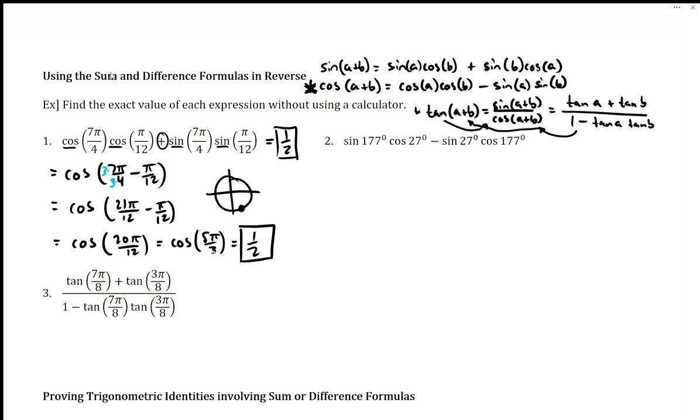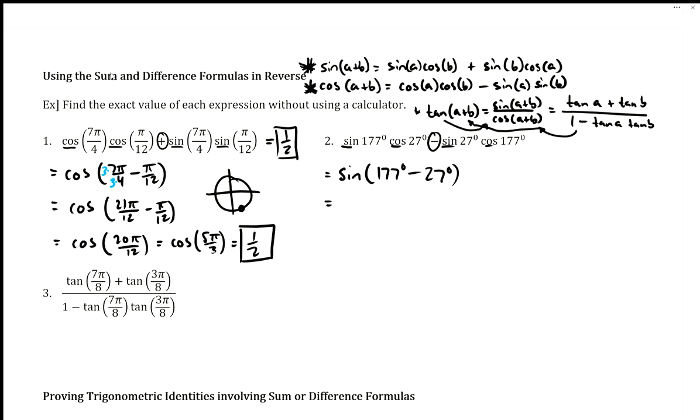Number 2, again, I'm just looking and seeing what we've got. We've got sine and cosine, sine and cosine, so the sine and cosine are paired in each term. That means it's this sine equation. I would start to write it and say, well, I've got 177, and then what should I do, plus or minus? It's that same one, minus 27 degrees.